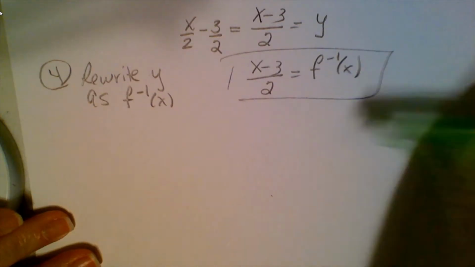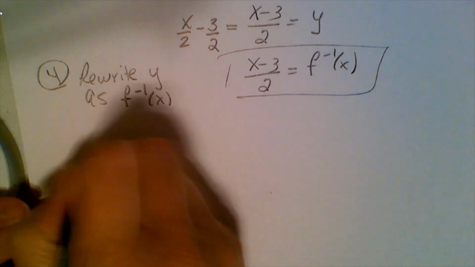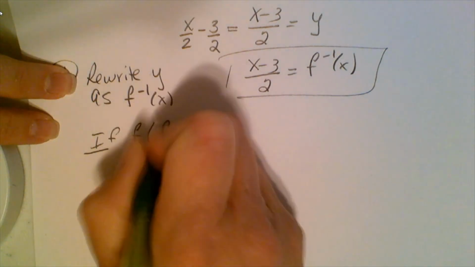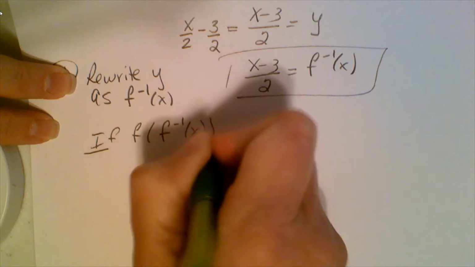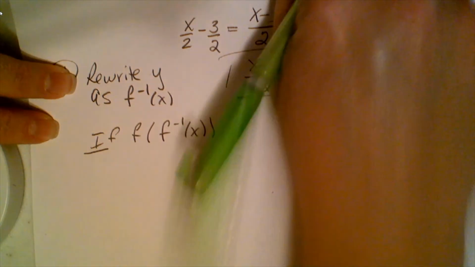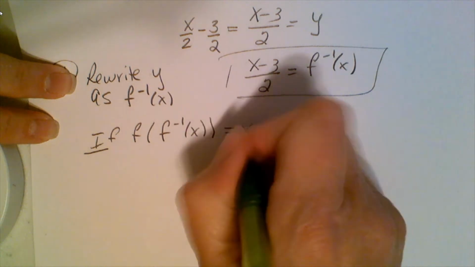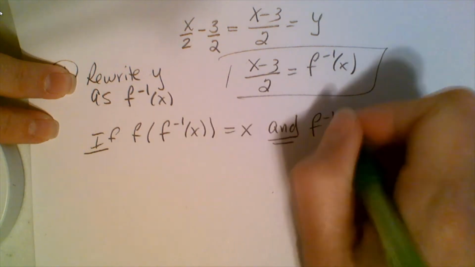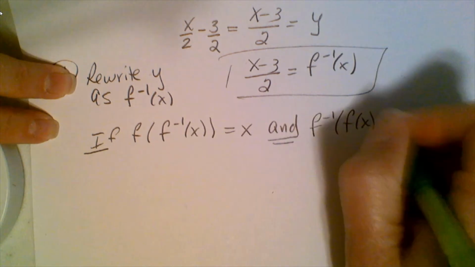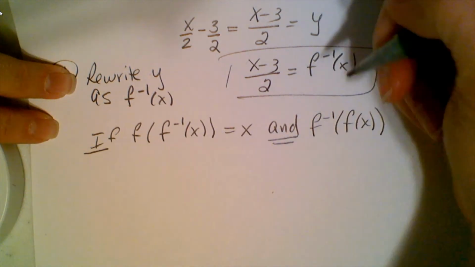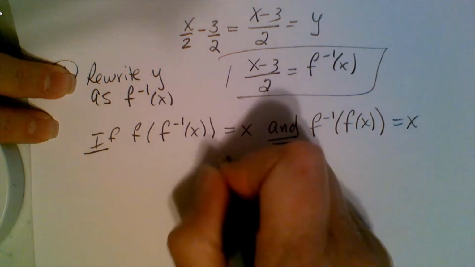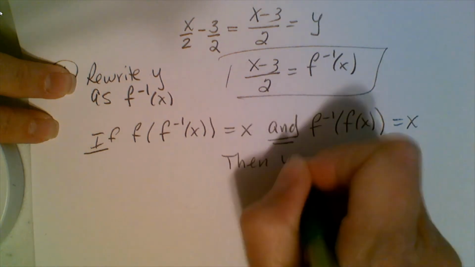Well, remember, we've already talked about it as being a composition of functions. So if f of f inverse of x, so I take this answer and I plug it back up at the top, is equal to x, and f inverse of f of x, so I take the other one at the top and I plug it into this, equals x, then you have inverses.